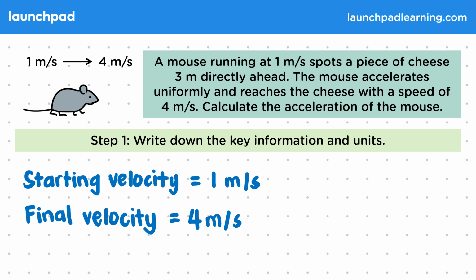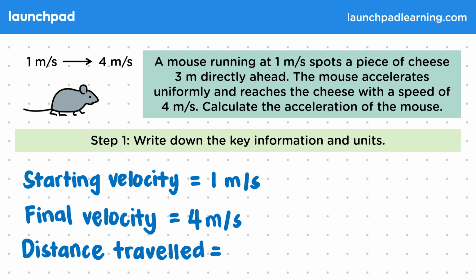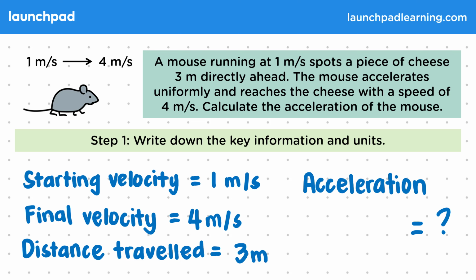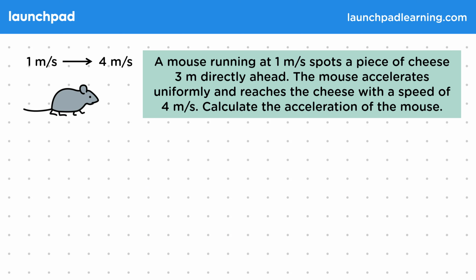We're also told how far away the cheese is when the mouse started accelerating, and that 4 meters per second was the speed it had when it reached it. From this, we can deduce that the distance travelled when it accelerated from 1 meter per second to 4 meters per second was 3 meters. Then finally, we're asked to find the acceleration. So now we know what we're using the equation for.